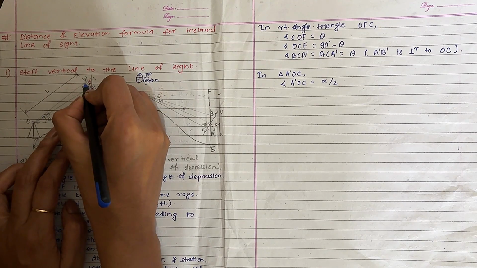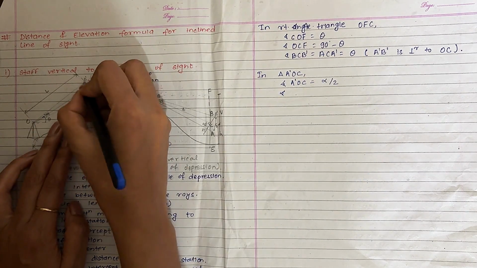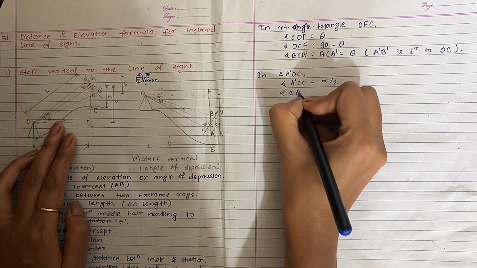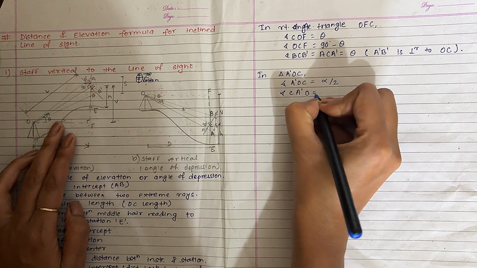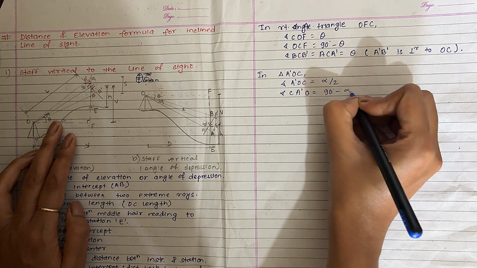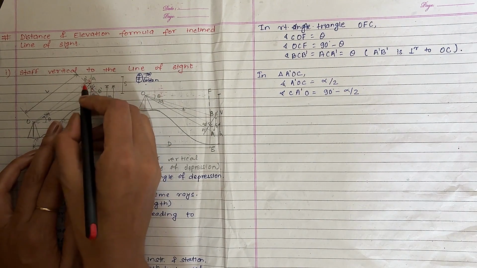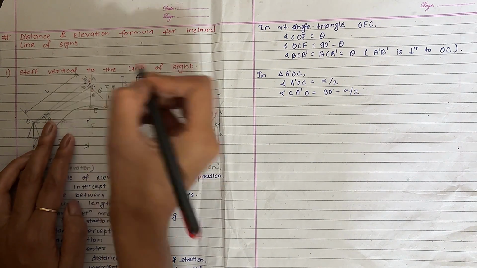Now we will find this angle, that will be angle CA dash O. So CA dash O will be equal to 90 degree minus alpha by 2. This is simple geometry. If you know the geometry, you can easily calculate this. Let this angle be x.